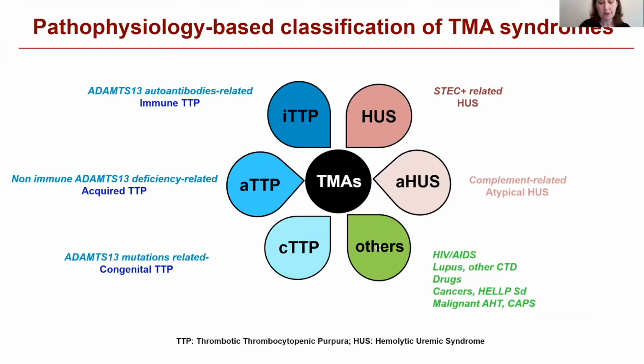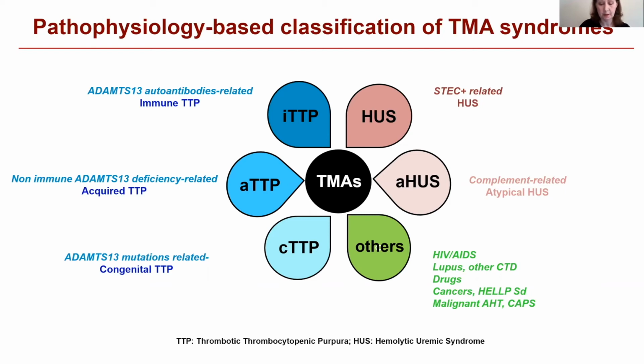The better understanding of TTP pathophysiology has led to consider a more pathophysiology-based classification of TMAs. On the left, the 3 forms of TTP are related to miscellaneous mechanisms for ADAMTS13 severe deficiency. On the right, the hemolytic and uremic syndromes, or HUS, are either Shiga toxin related or complement related for atypical HUS.